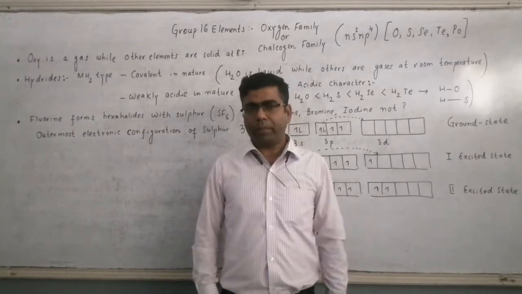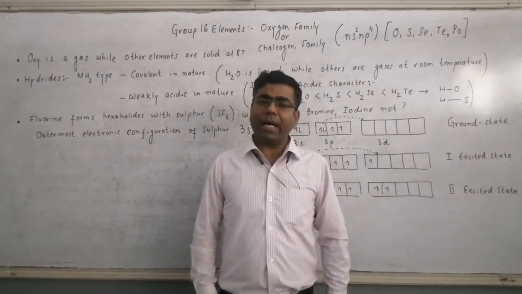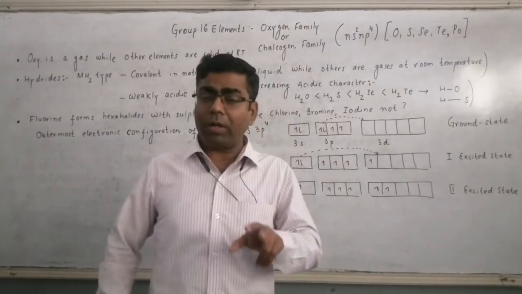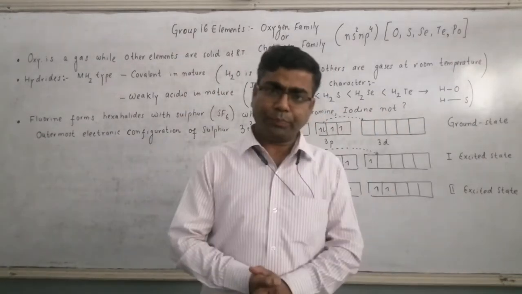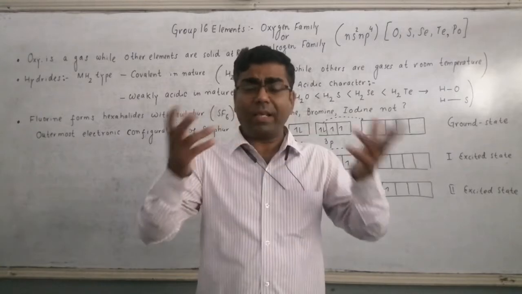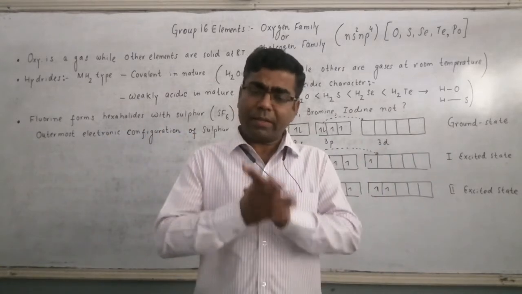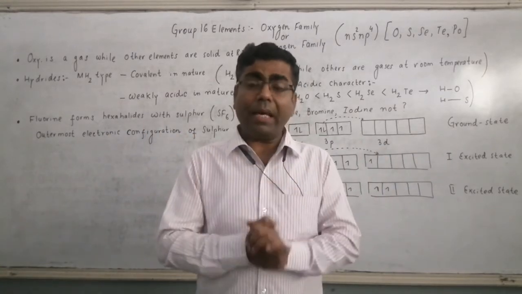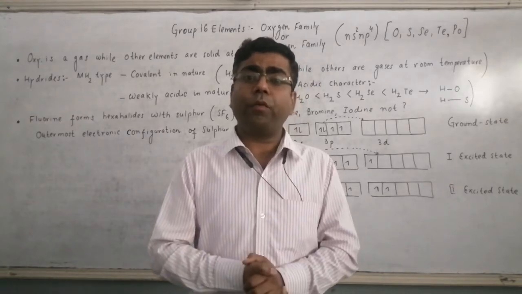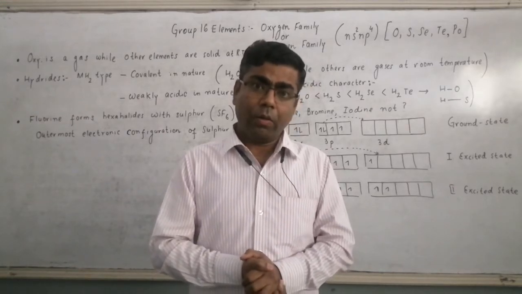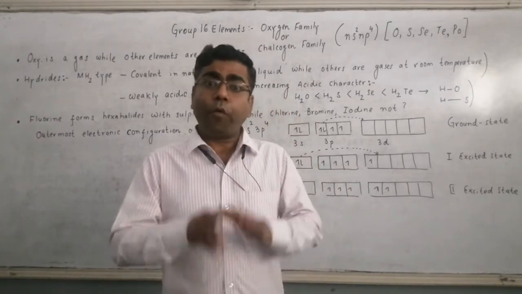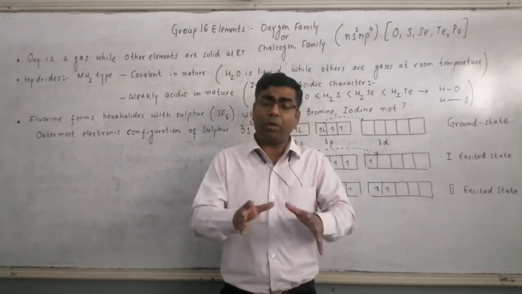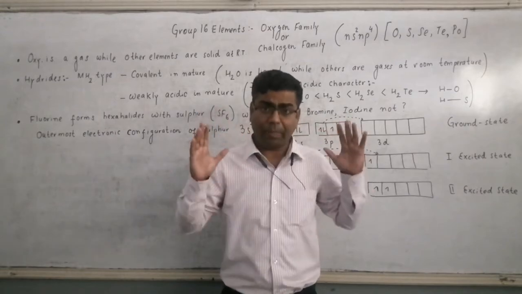But in sulfur, in the ground state, we have only 2 unpaired electrons, and the 2 unpaired electrons are present in 3p orbital. So how to get 6 unpaired electrons? Reason is high electronegativity of fluorine. Due to high electronegativity, fluorine can cause unpairing of electrons in the sulfur atom.